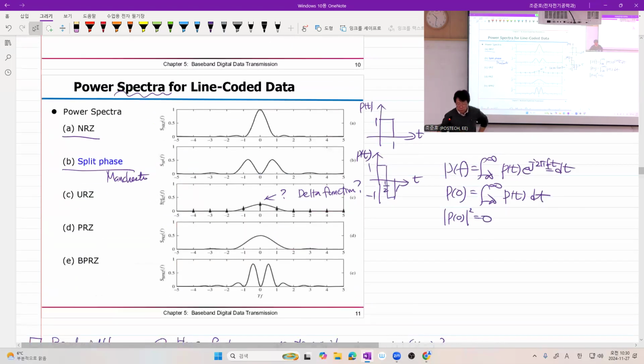And see that this shape, of course a little bit approximated, is just a stretched version of the power spectral density of energy. It is stretched. But why do we have these delta functions?